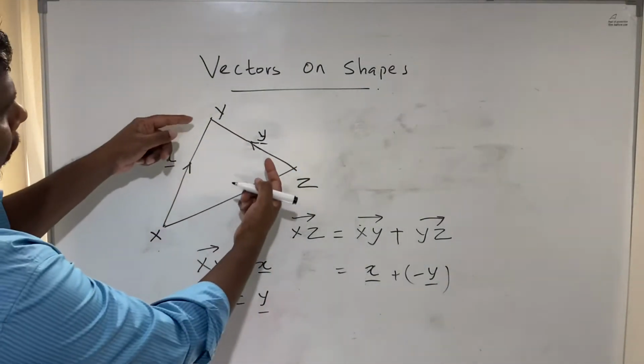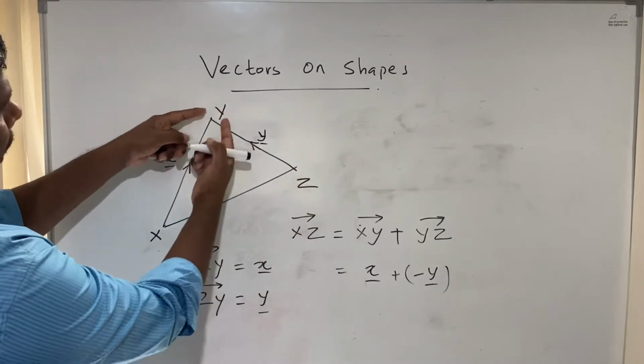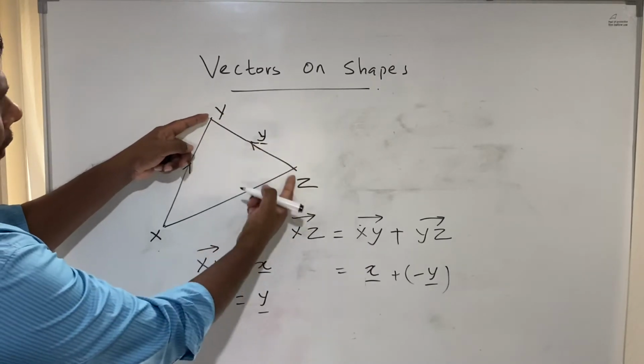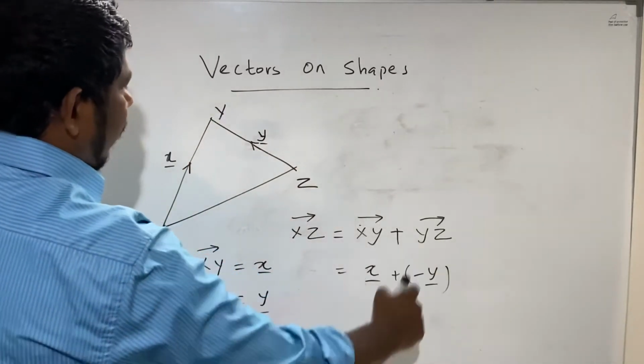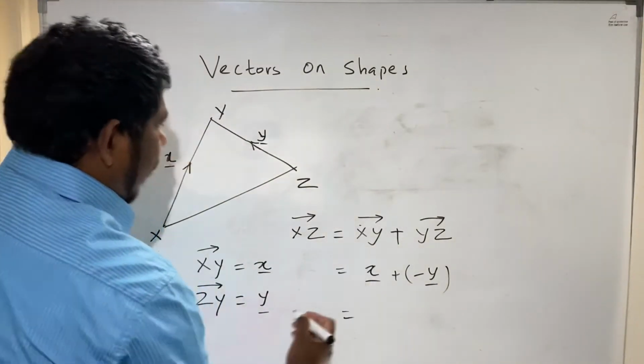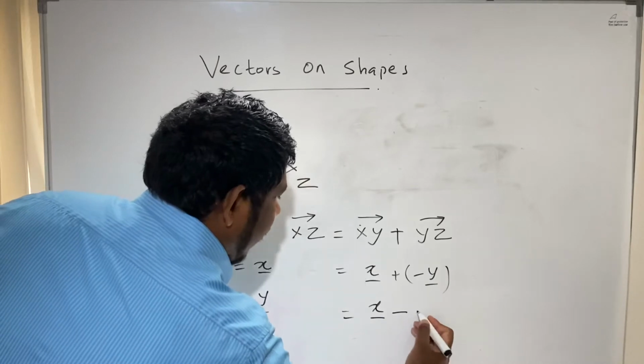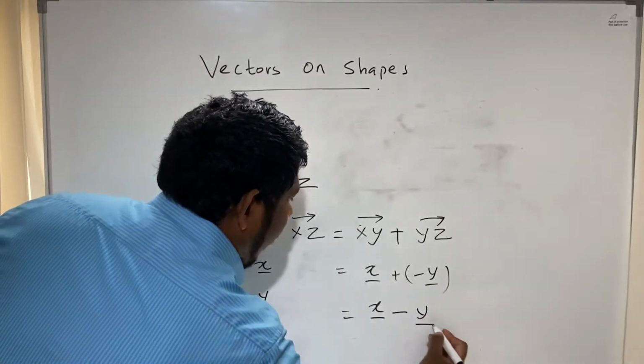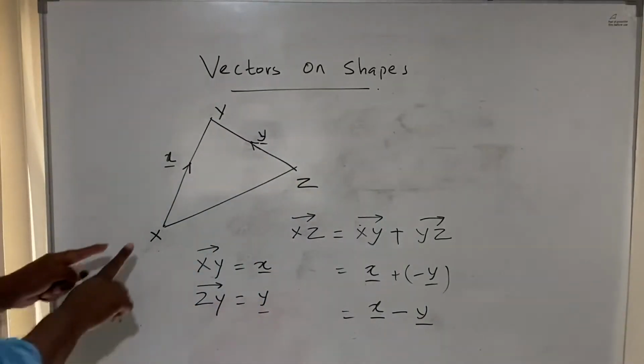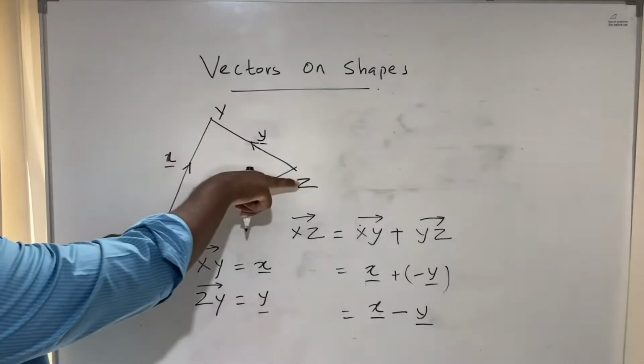Because vector y is z to y, so y to z is opposite way, so it's going to be negative y. So vector x to z equal vector x minus vector y. Vector x minus vector y.